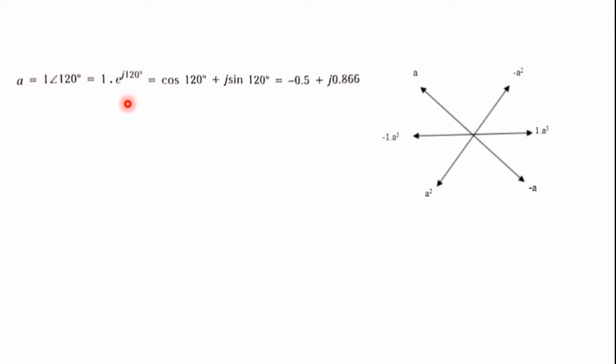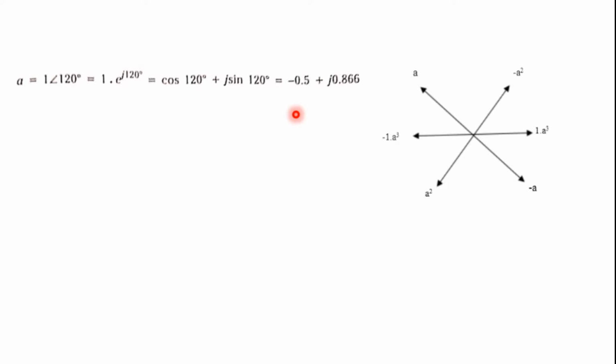That is nothing but 1 e to the power of j120. Substituting the real and imaginary terms, we get cos 120 plus j sin 120, resulting in minus 0.5 plus j 0.866.